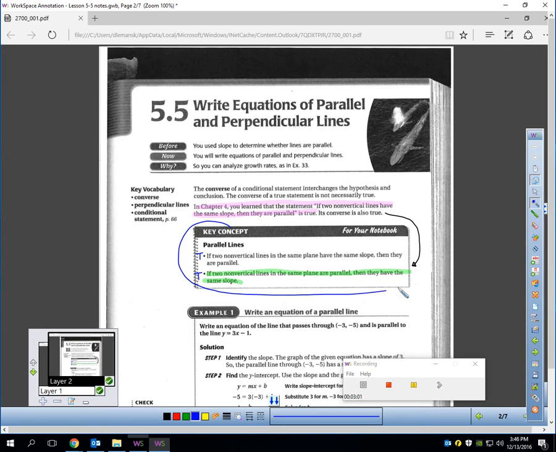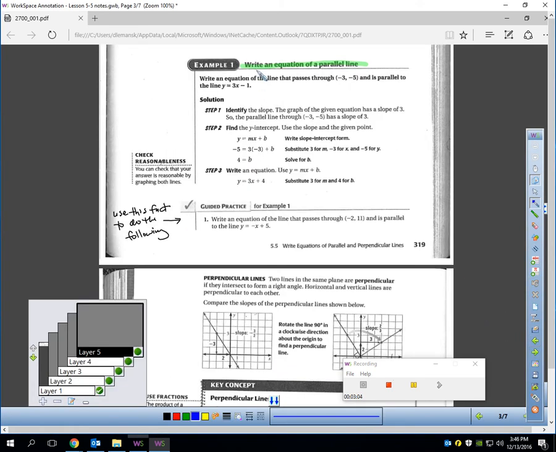These facts can be used when we have problems where we are writing an equation of a line that is parallel to a given line. So, for example, here would be an example. Write an equation of the line that passes through this point and is parallel to the line y equals negative 1x plus 5.